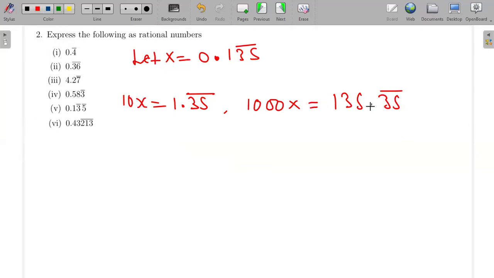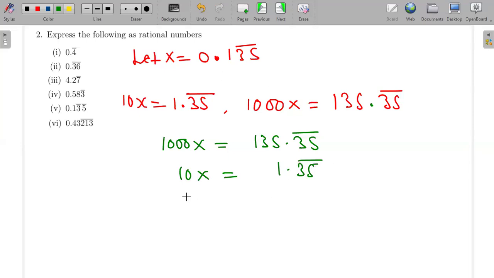So I'm just going to subtract them. 1000x is equal to 135.35 bar, and the other one is 10x is equal to 1.35 bar. Let me write it properly and then subtract.